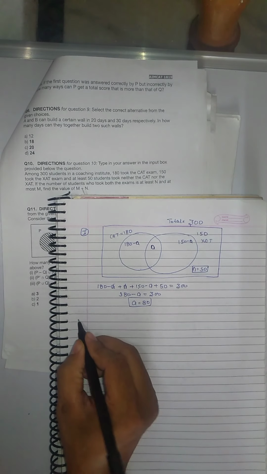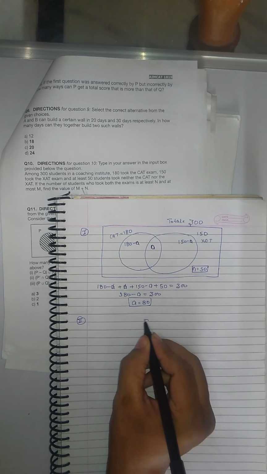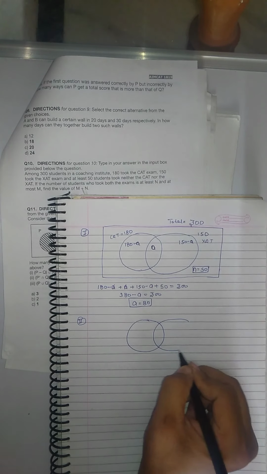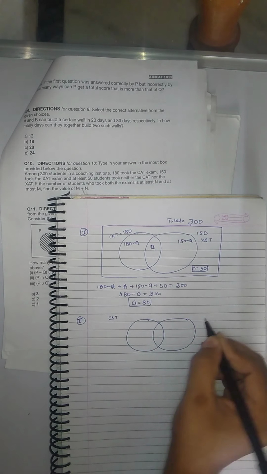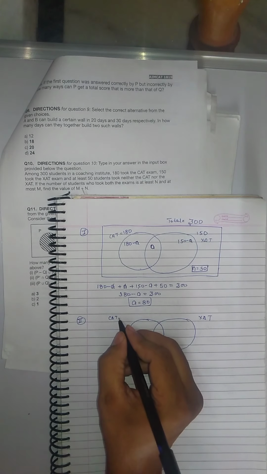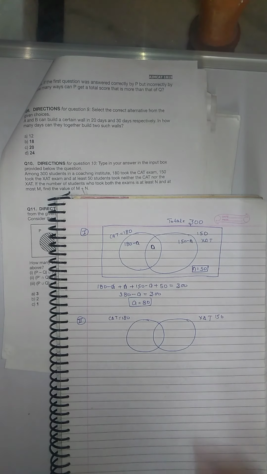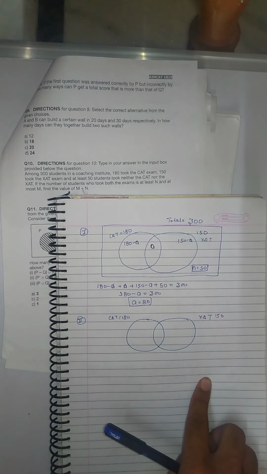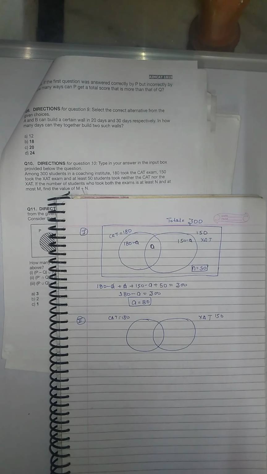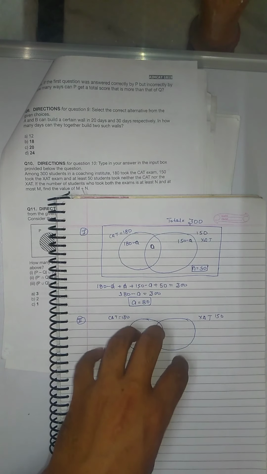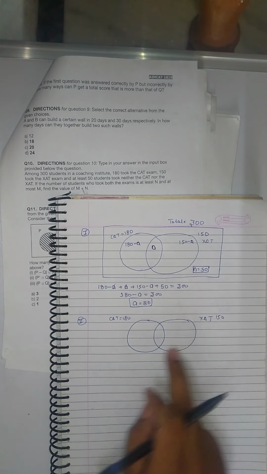The second part of the question is we need to find out the value of m, at most. So we again draw circles to find out the at most part. This is our CAT, this is our ZAT, 180 students, and this is our 150 students. The maximum number of students taking both the exam will occur when all those who take ZAT also take CAT.